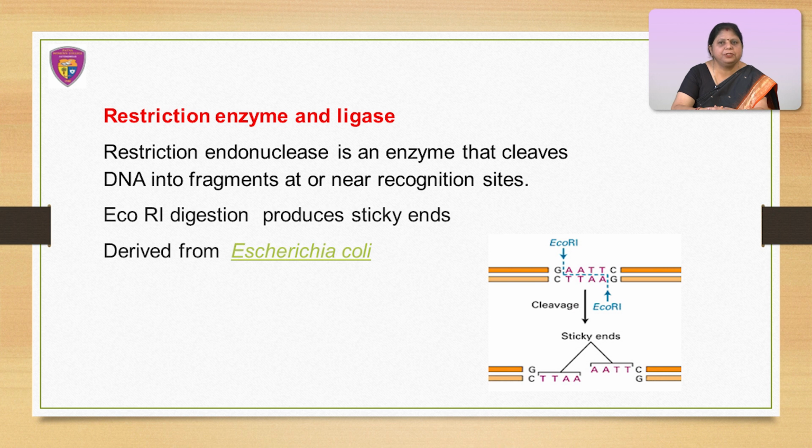DNA thus produced is known as recombinant DNA or chimeric DNA, and this process is known as recombinant DNA technology. Chimeric DNA is a duplex DNA having a foreign gene. Here we have used the human insulin gene which has been inserted into the plasmid to form recombinant DNA.